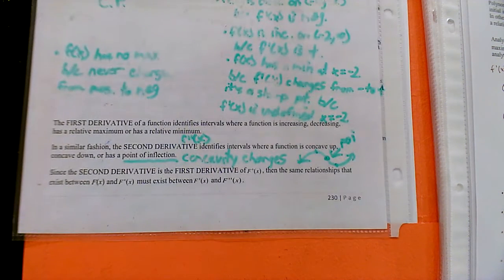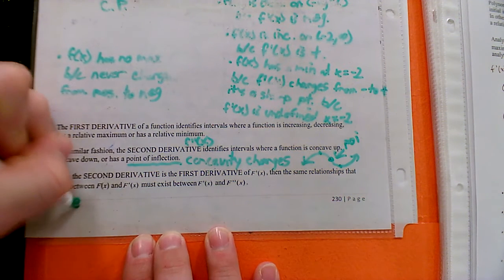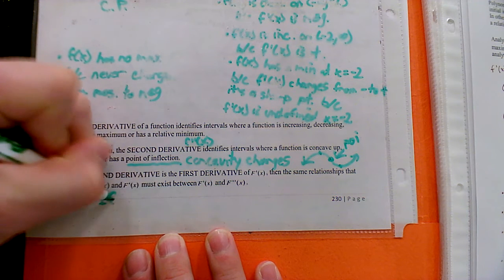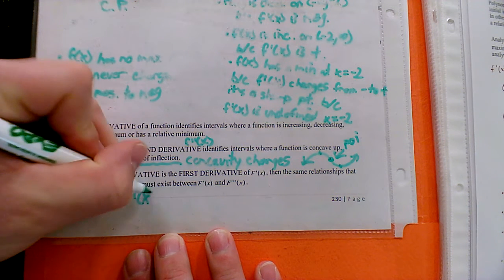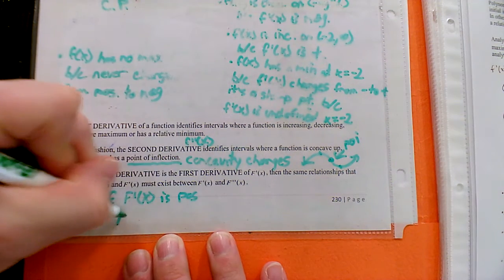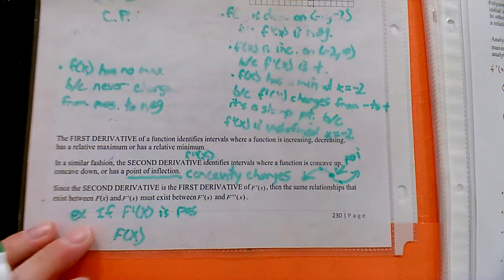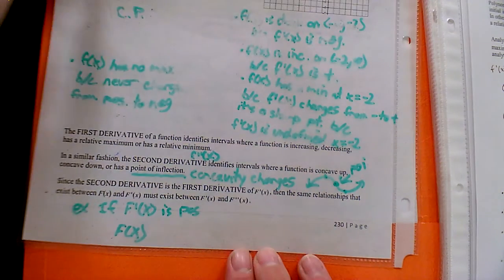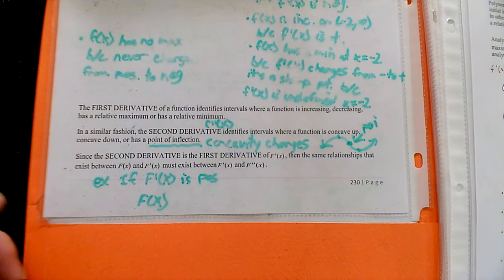Since the second derivative is the first derivative of the first derivative, f prime of x, then the same relationships that exist between f of x and f prime of x must exist between f prime of x and f prime prime of x. It could be a little confusing, but what that means is, for example, if f prime of x is positive, what do we know about f of x?